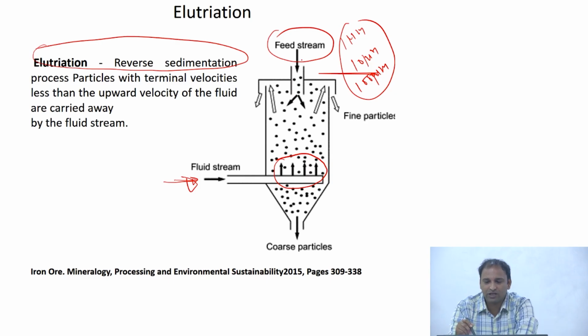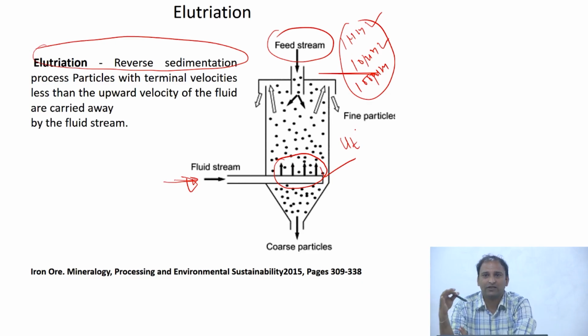Now, these particles are going to come down because of gravity. I can manipulate the fluid stream velocity to maintain a particular value. For example, say I have a 1 micrometer particle and a 10 micrometer particle. I can calculate their settling velocities under gravity.